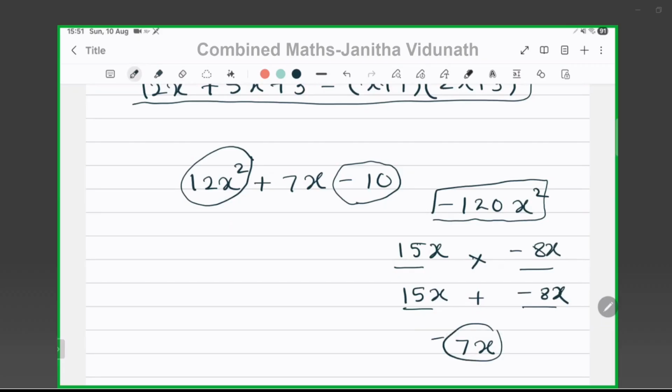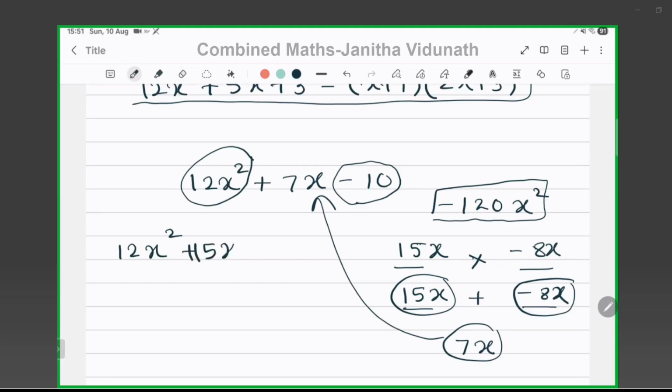Then we replace this 7x with 15x and minus 8x. Then we get 12 times x square plus 15 times x minus 8x minus 10.